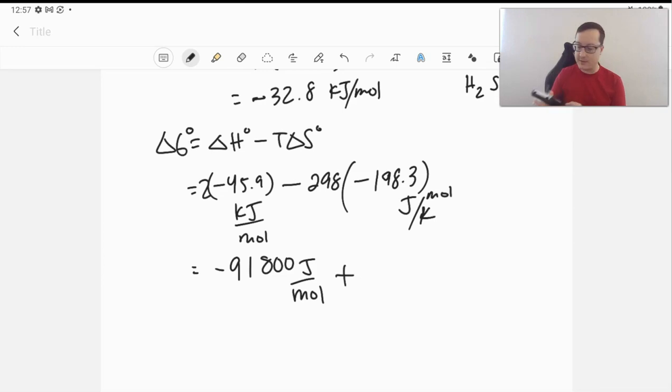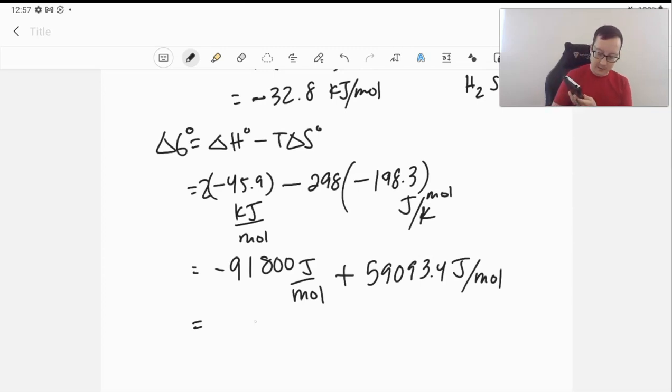Remember, we're going to add because we have two negatives. 298 times 198.3. We get 59093.4 joules per mole, because the Kelvin will cancel out. And adding that together with minus 91,800, we get negative 32.7 kilojoules per mole.